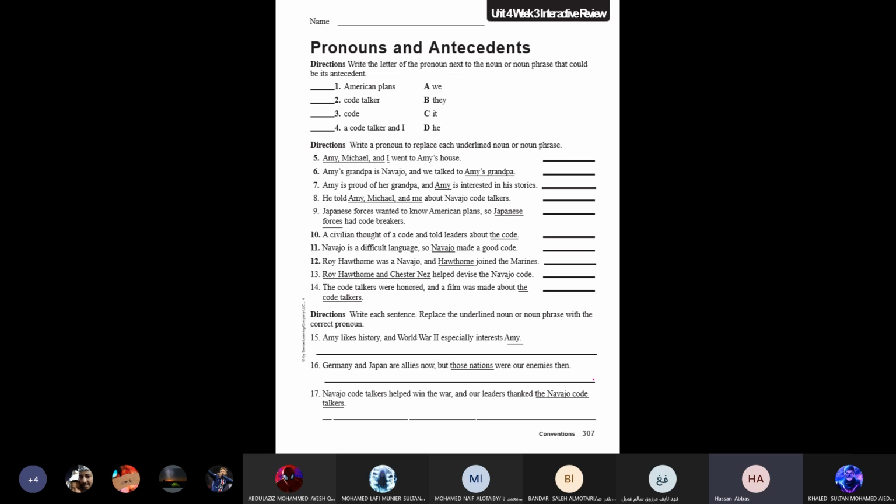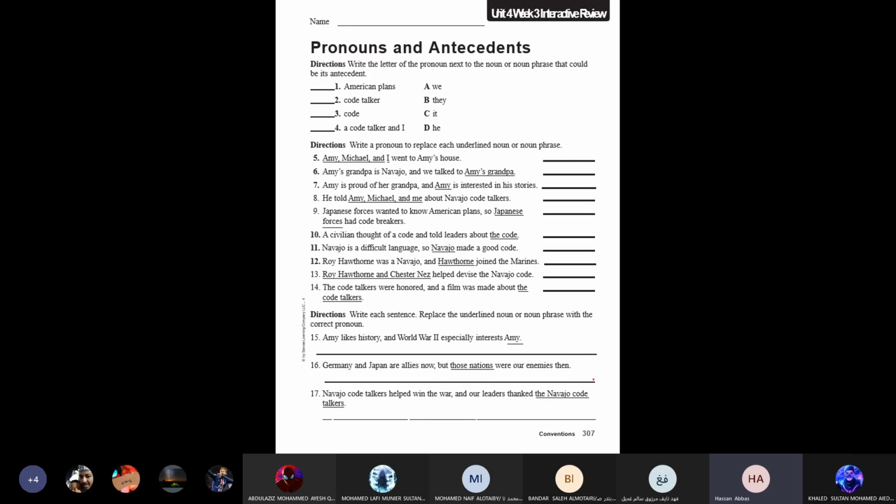Grandpa takes he, but he is a subject. What's the object of he? Yes, exactly, him.